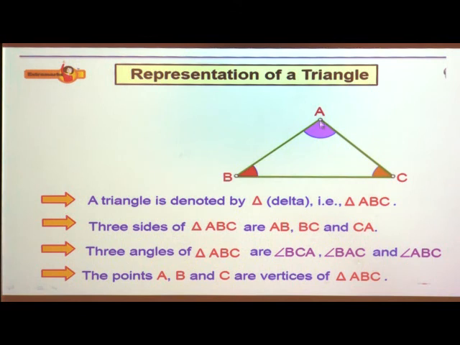So, the three angles formed are angle A, angle B and angle C. The points A, B, C are the vertices of triangle ABC. This is the representation of a triangle.